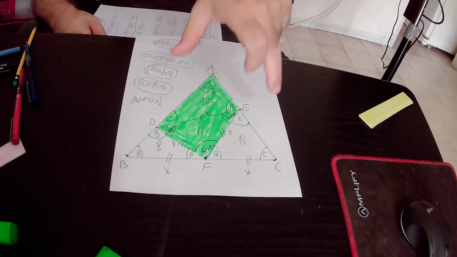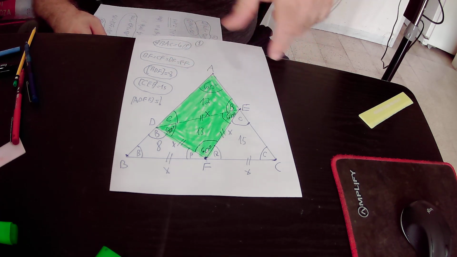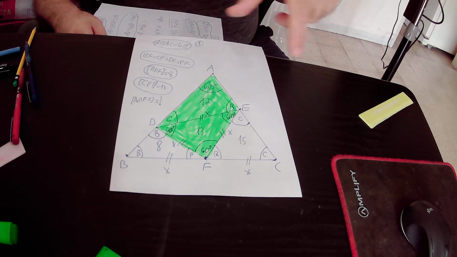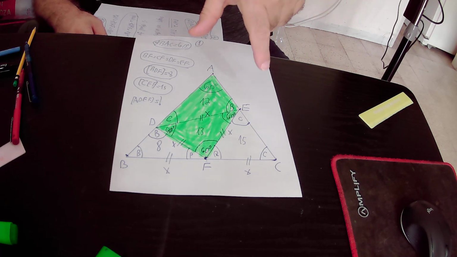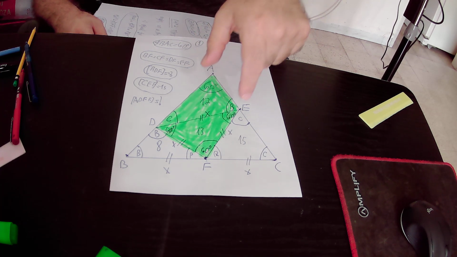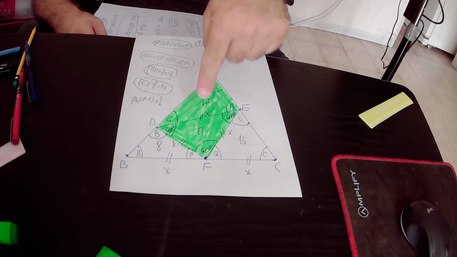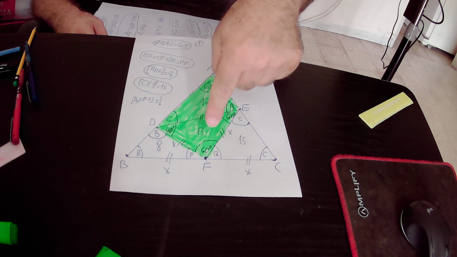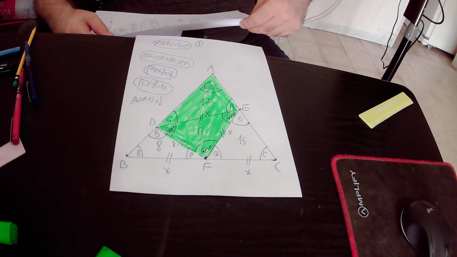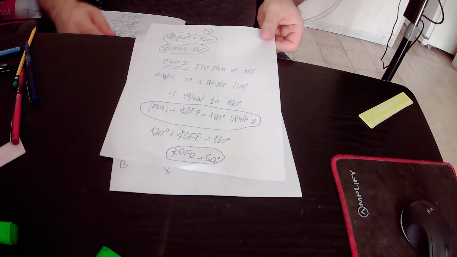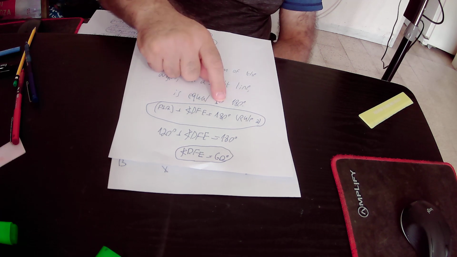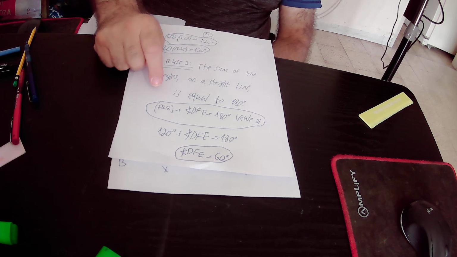So BC is a straight line because it is one of the sides of triangle ABC. So on the straight line BC at point F, the sum of the angles is equal to 180 degrees. That is to say, P plus Q plus angle DFE must be equal to 180 degrees according to rule number 2.